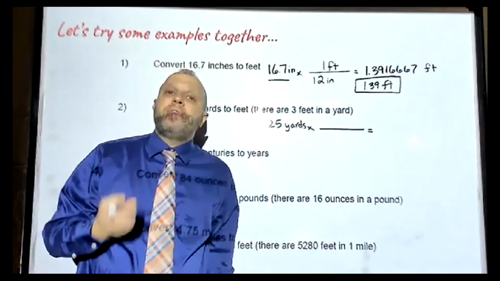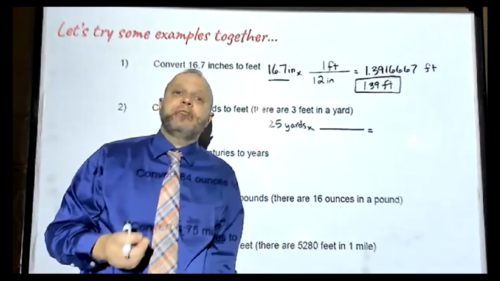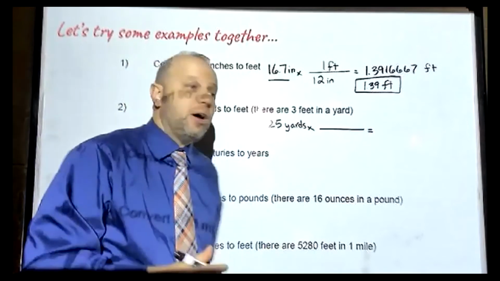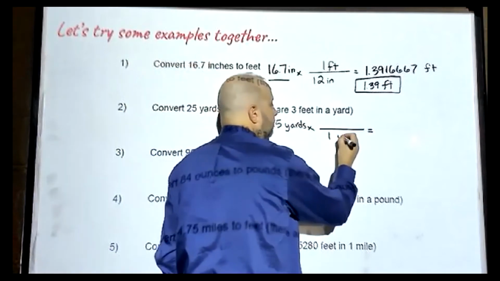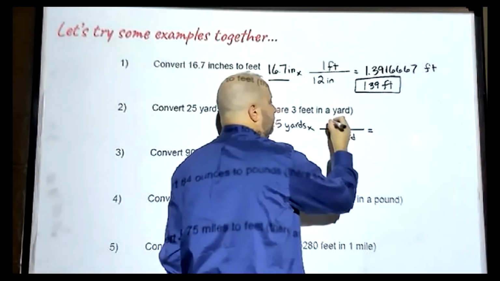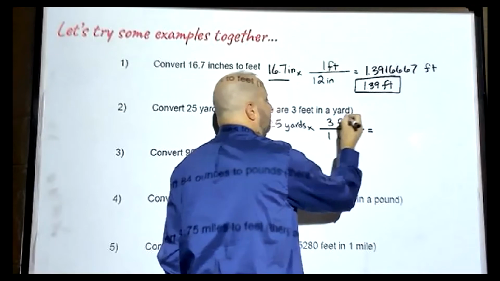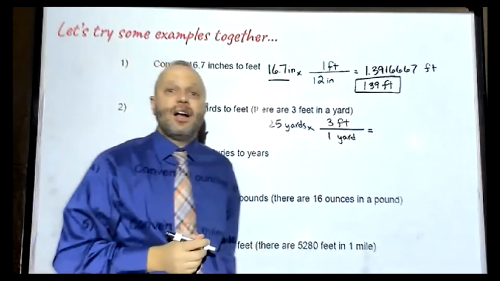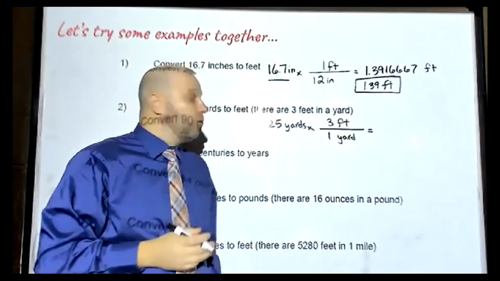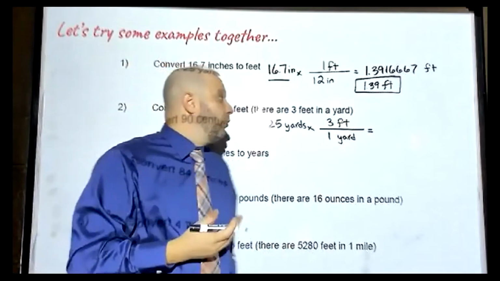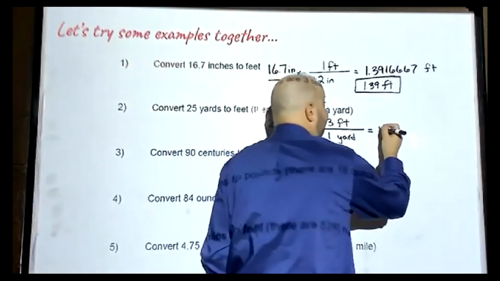So because I want the unit of yard to cancel out, I'm going to put that on the bottom. I'm going to put 3 feet on top. Now, multiplying across, I wind up with 75 feet.